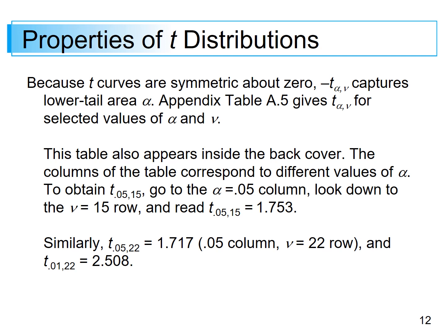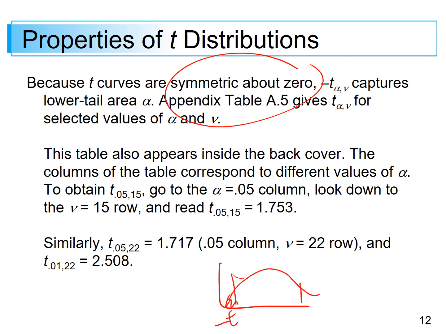We have a few more things to talk about with t curves. T curves are symmetric about 0, so a negative t value captures the lower tail area, and the positive t value captures the upper tail area.